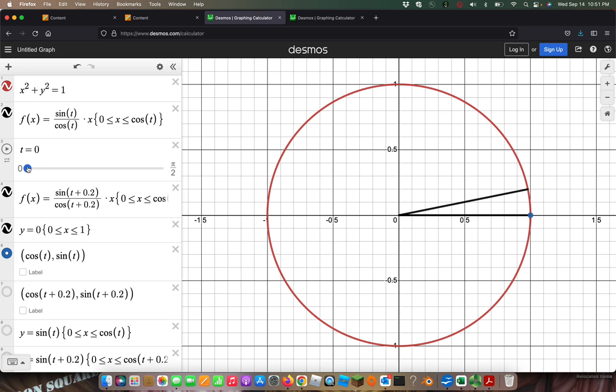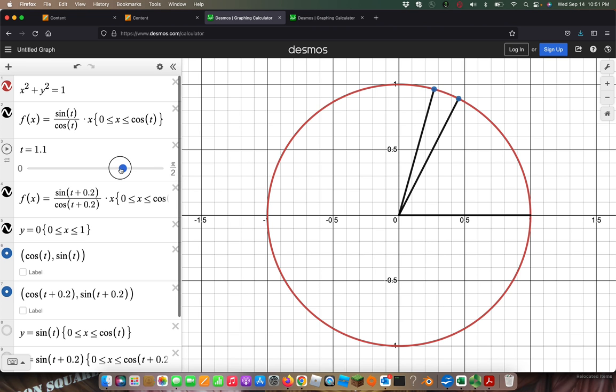So if you look at the 2 angles starting at t equals 0, notice how the difference between those 2 angles remains exactly the same. The space between those 2 angles is exactly equal no matter how I change them, whether I go very high or very low.